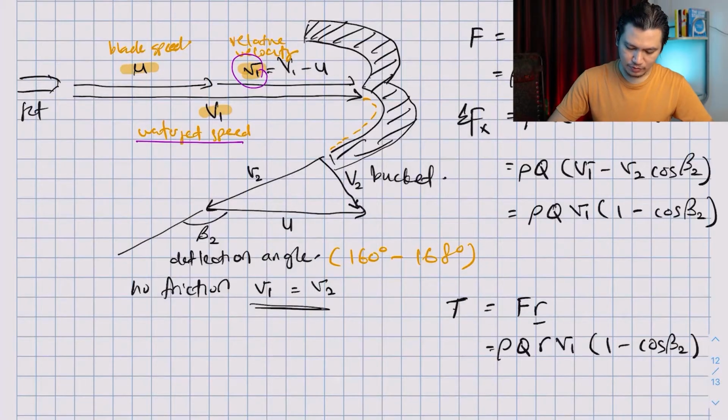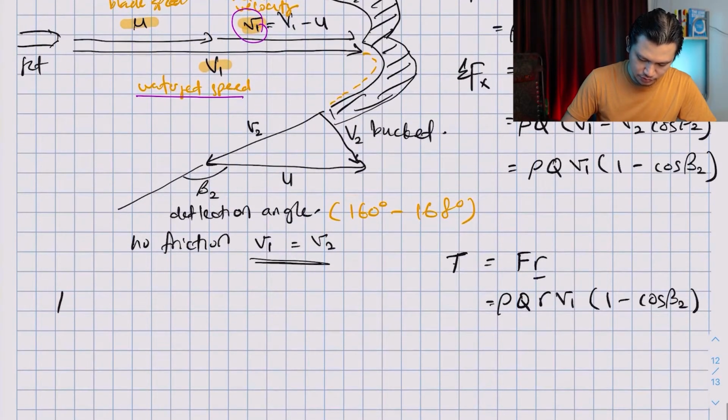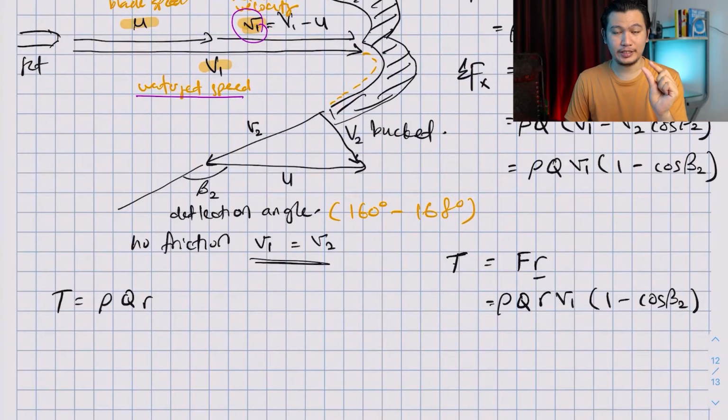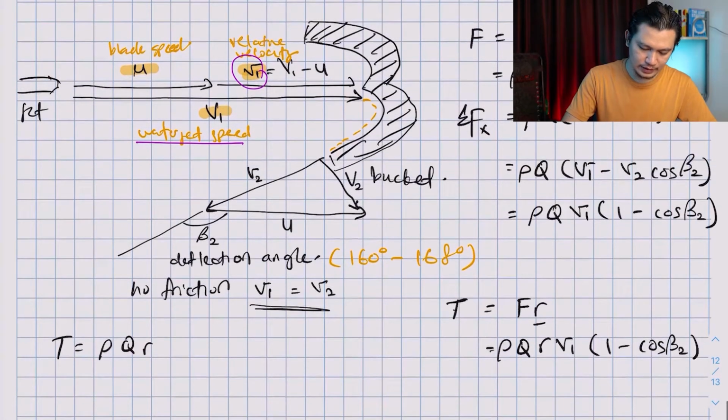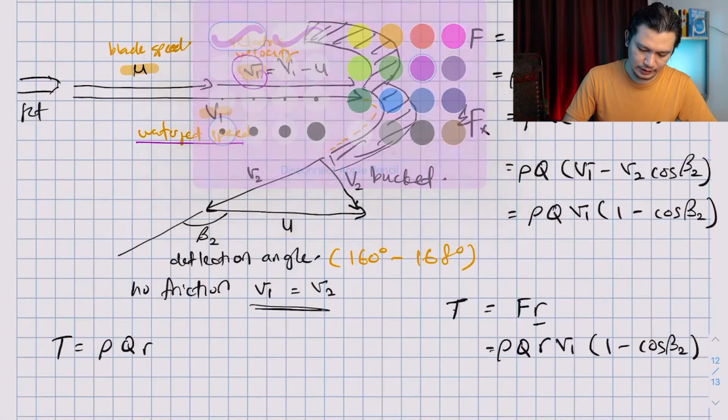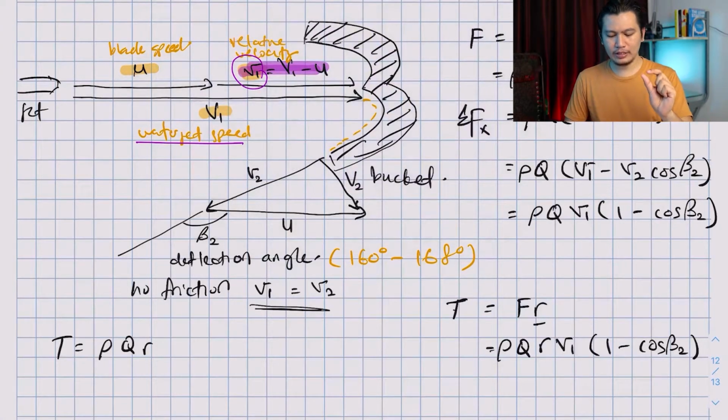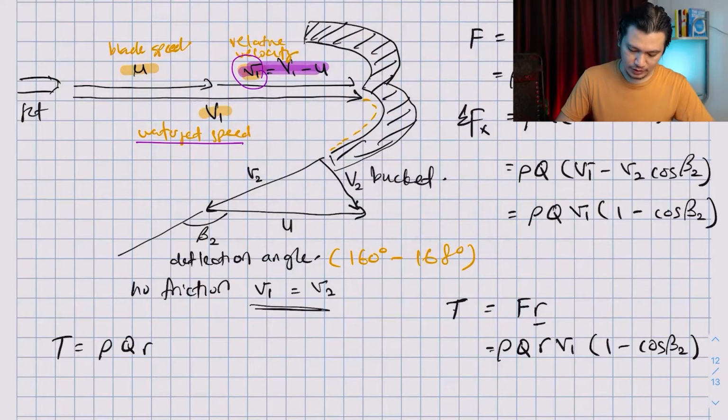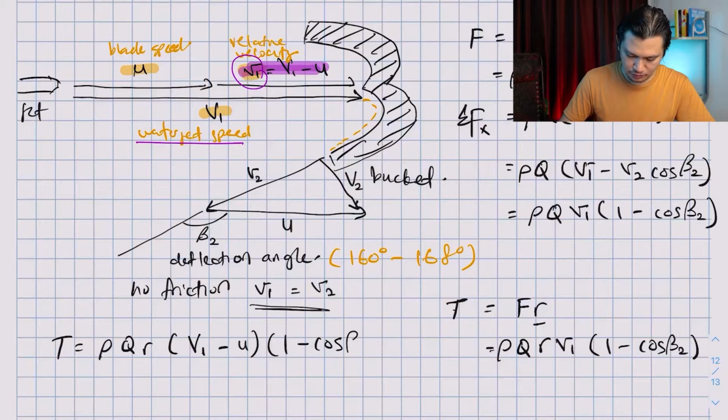If I want to write it more clearly, torque is going to be rho Q R. And what is our v1? Our v1 is this term, v1 equals capital V1 minus U. So this is going to be capital V1 minus U, times (1 minus cos beta 2).